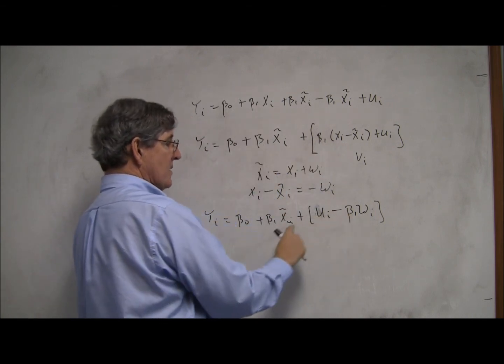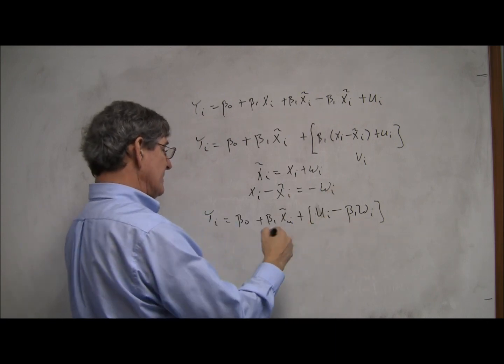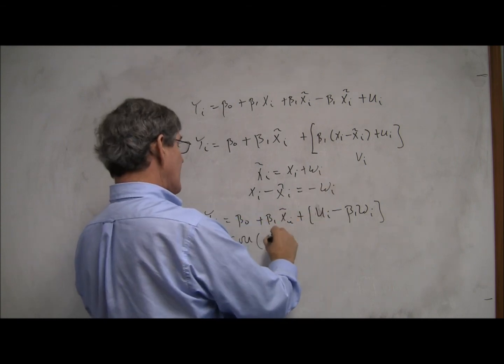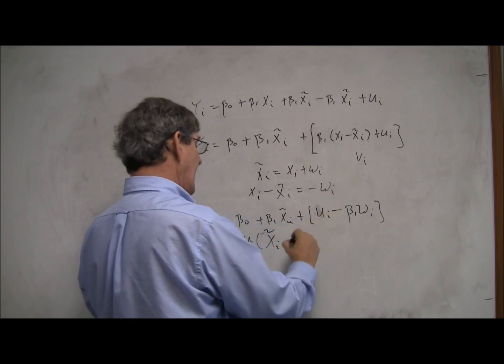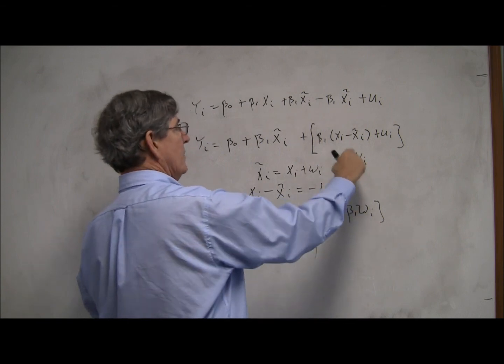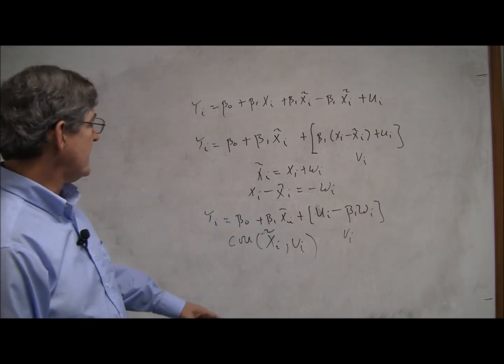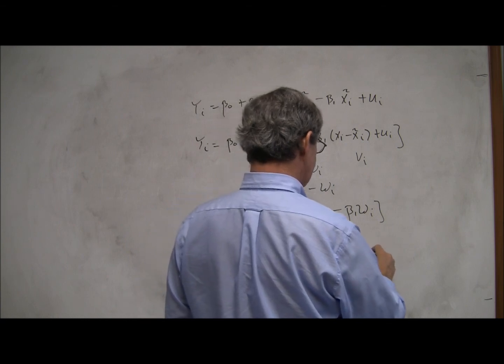And so wi is correlated with x tilde i, and that's going to give us bias. So there's a correlation between x tilde i and vi, where vi is that whole error. This is vi too. It's just a different way to write it. And so that's going to lead to bias.